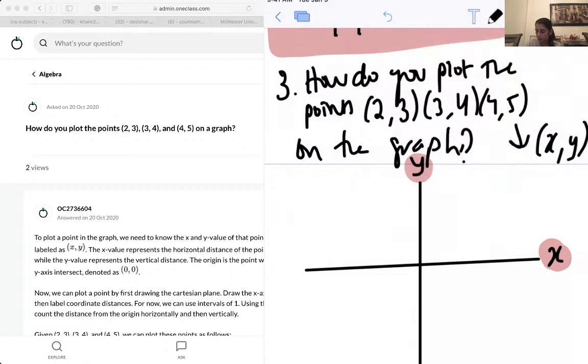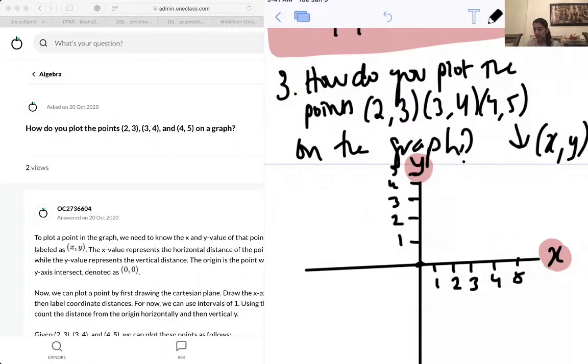Make 1, 2, 3, 4, 5, and 1, 2, 3, 5. So our x coordinate, our origin is 0, 0, which is over here.